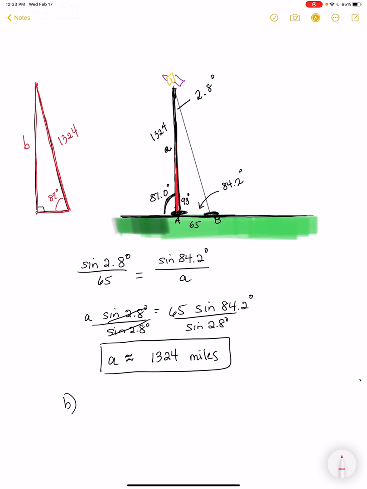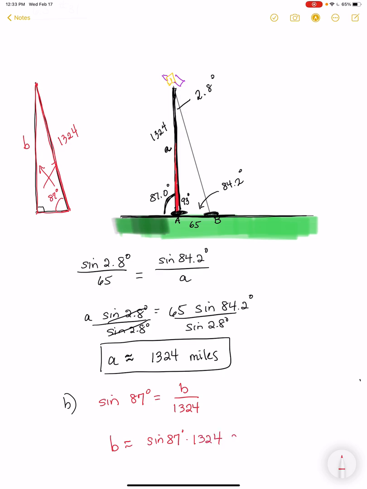I've got my opposite and I've got my hypotenuse, so I'm going to use my sine ratio. The sine of 87 degrees equals the opposite, which is B, over my hypotenuse, which I already found in part A, which means B is approximately the sine of 87 degrees times 1324.